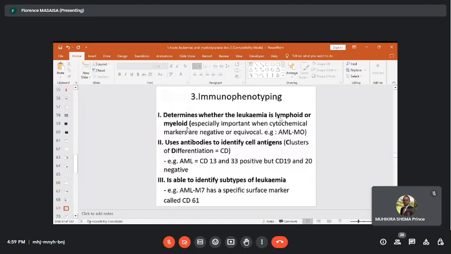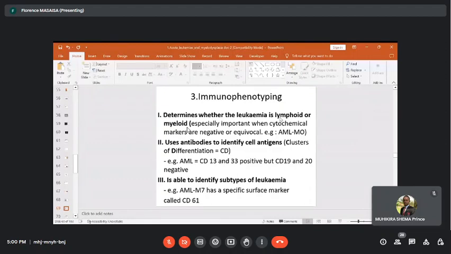But for now, as I said, people are focusing on using flow cytometry, which helps you determine if the cells are lymphoid or myeloid. They use a cluster of differentiation, which is CD. AML is positive for CD13 and CD33, and negative for CD19 and CD20.